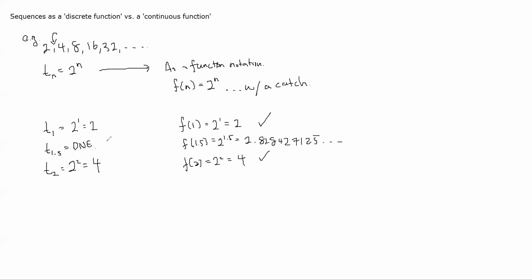And that is where we don't agree. A function would assume that any value of n is okay, but that would not agree with the sequence. There is no 1.5th term.